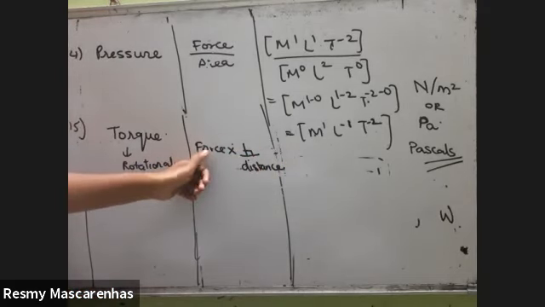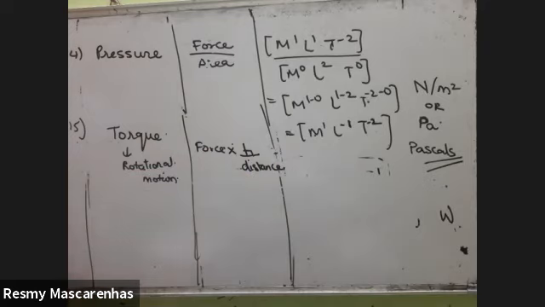So basically you should know force into distance. So the formula for torque is force into distance. So put the dimension of force and put the dimension of distance. Force you will get from serial number 10. And distance is for the first one. Distance means length.